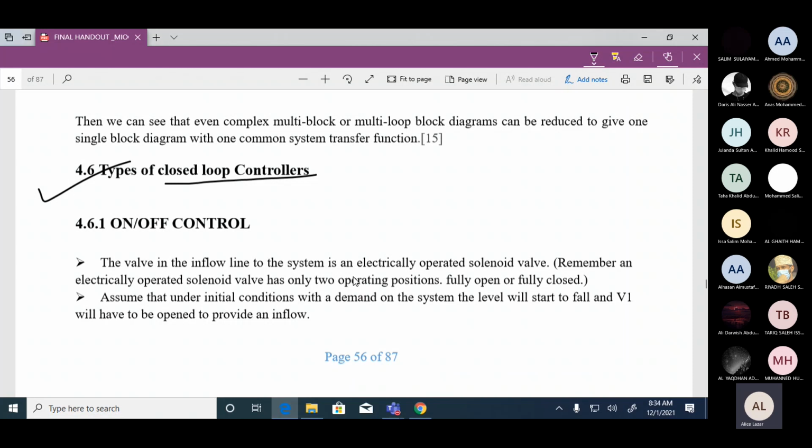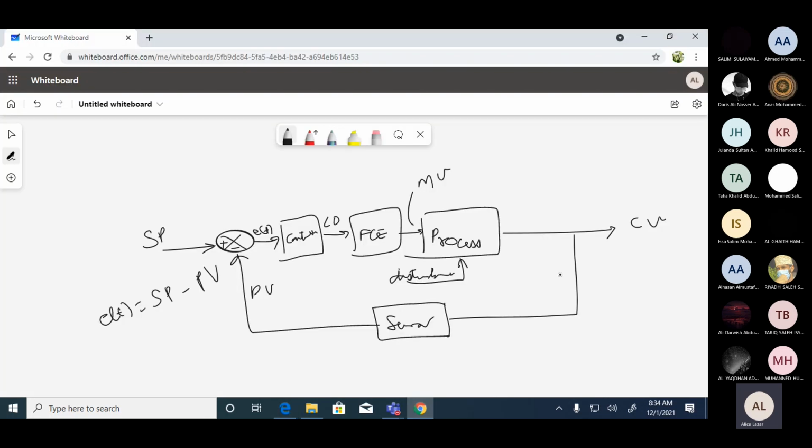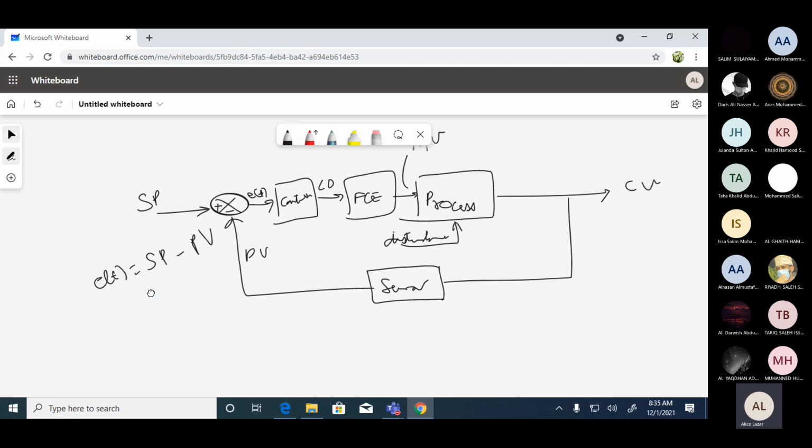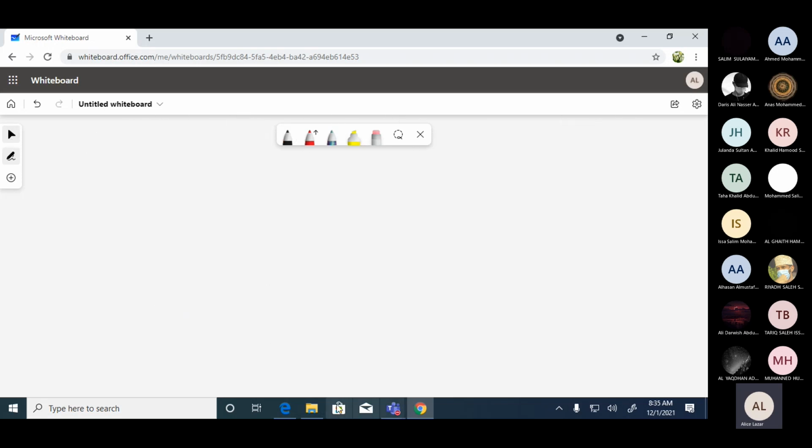That means you have to make sure that the quality and the quantity are maintained constant, and you cannot use open loop. We have to go for the use of closed loop. So we are focusing our attention now on only closed loop control systems.